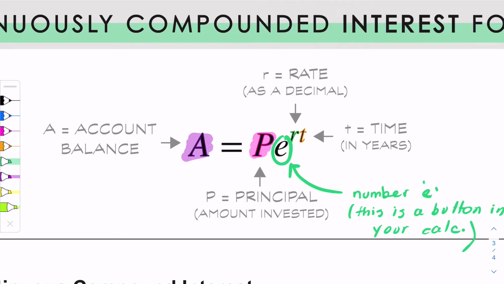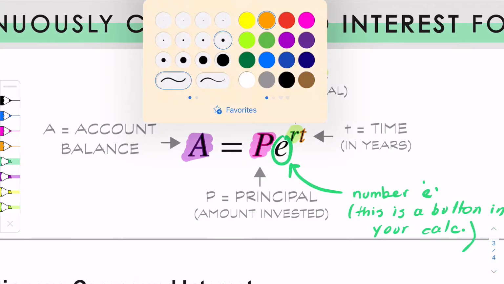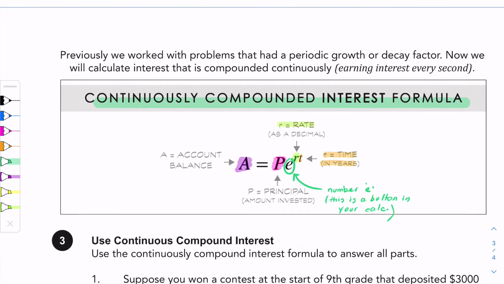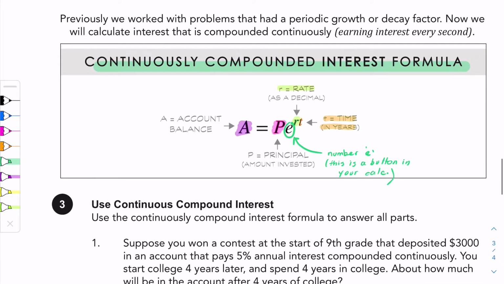That is literally a button in your calculator. This is going to be raised to the power of your rate multiplied by the time in years. Again, if you are given the time in months, you need to convert that to a decimal in years. So I'll show you where the number e is in the calculator once we go over a couple of these problems.